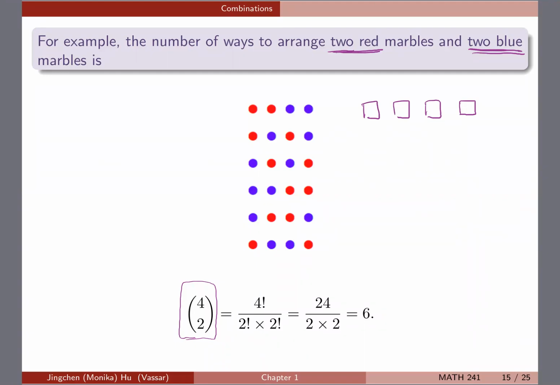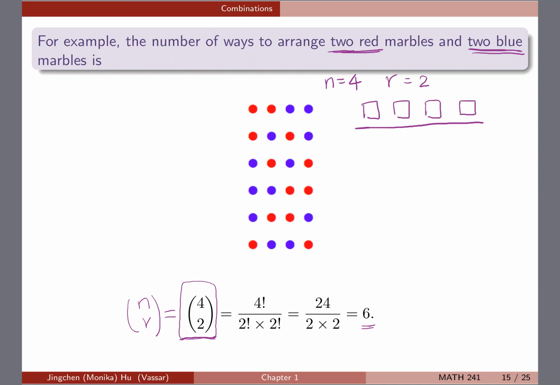So that's why you can think of this as a combination problem: I have 4 different positions, so that's my n, and I'm going to choose 2 positions out of the 4 for the 2 red marbles, so R equals 2. That's why I can apply the combination formula, and by doing it, you will know that it's going to be 6.